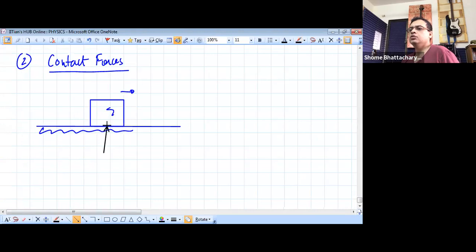One is a normal force, a normal reaction type of contact force, okay. And the other would be a friction type of force.